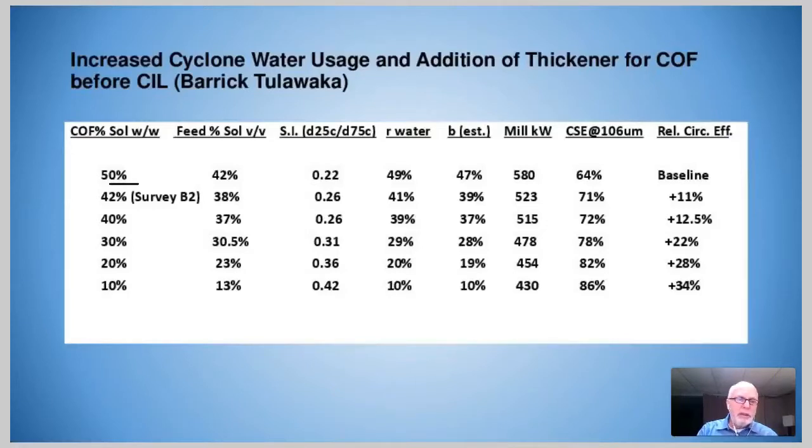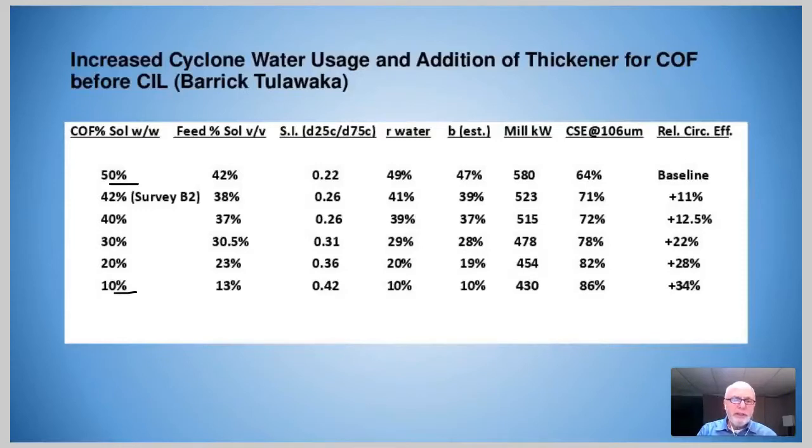So the question was, by increasing the water usage of the cyclones, how much would this improve the performance of the grinding circuit? So we conducted this simulation study of adding more and more water to the cyclone feed, in each case the water eventually reporting to cyclone overflow, so reducing the cyclone overflow percent solids all the way down to 10% in 10% increments.